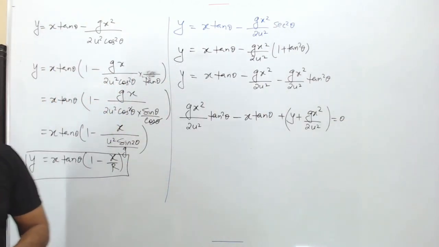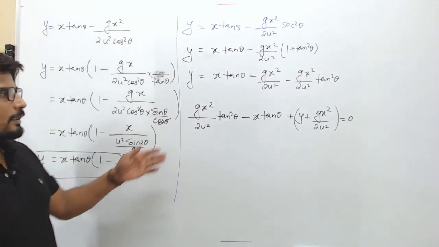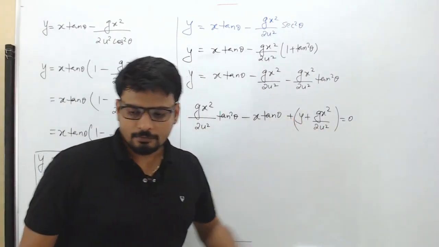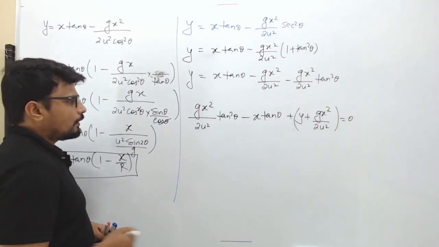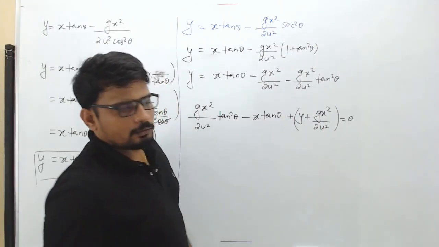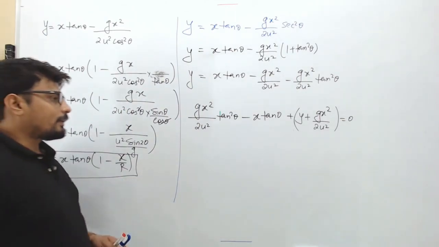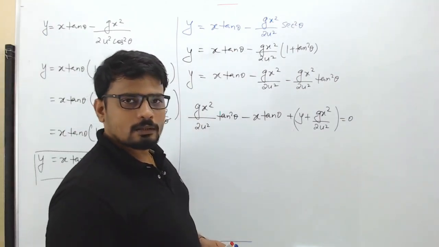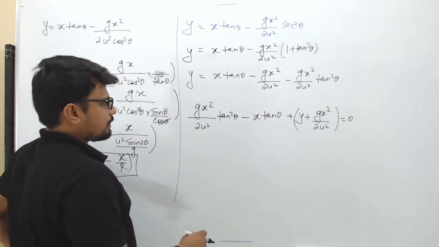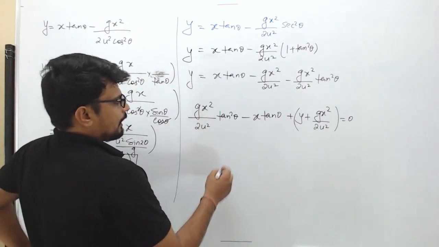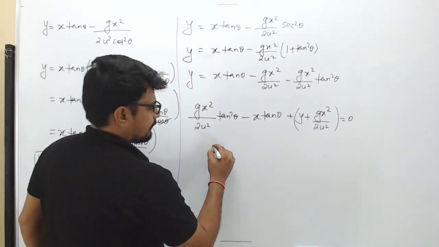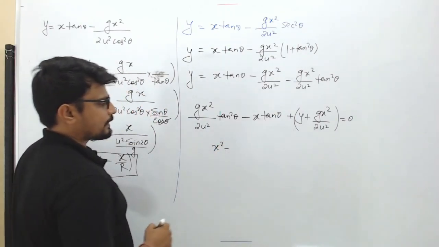Anyone? Any doubt with this? Okay. So this is what we have, a quadratic in terms of tan theta. Now, I know that theta is a real value over here. Correct? So for a real value, the discriminant should be more than or equal to 0. Now, b square minus 4ac.